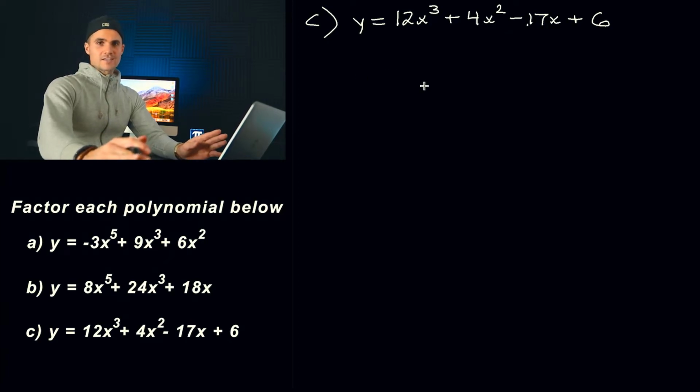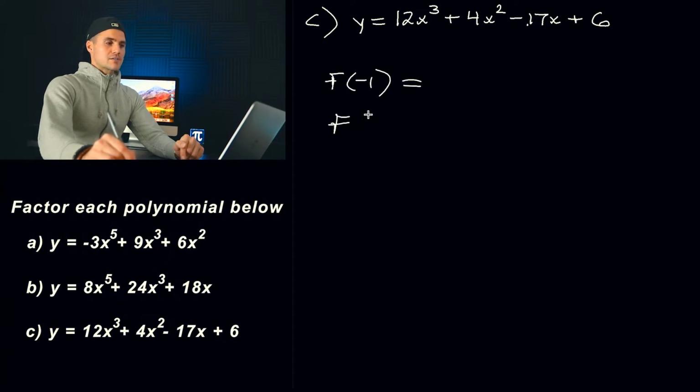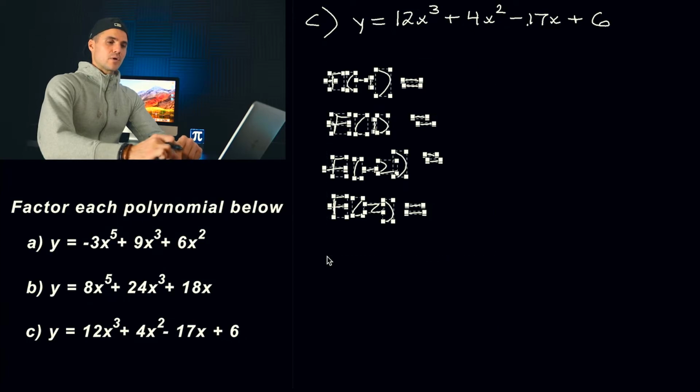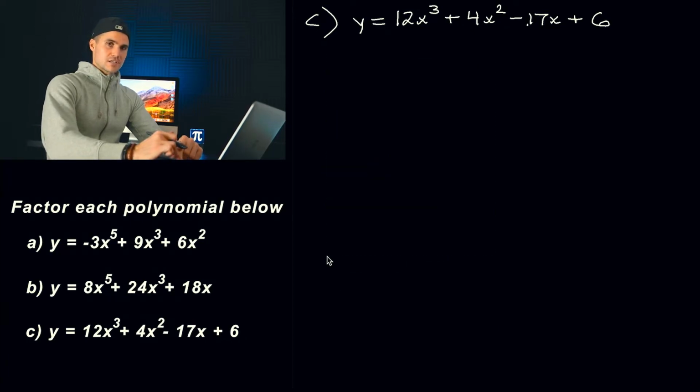Now this one is a little bit tricky as well. If you tried to plug in different integers, like -1, +1, -2, +2, etc., there would be no integers that would make this equal to 0. And so for this particular one, you would have to actually factor it with the rational zero theorem that we've gone through before.